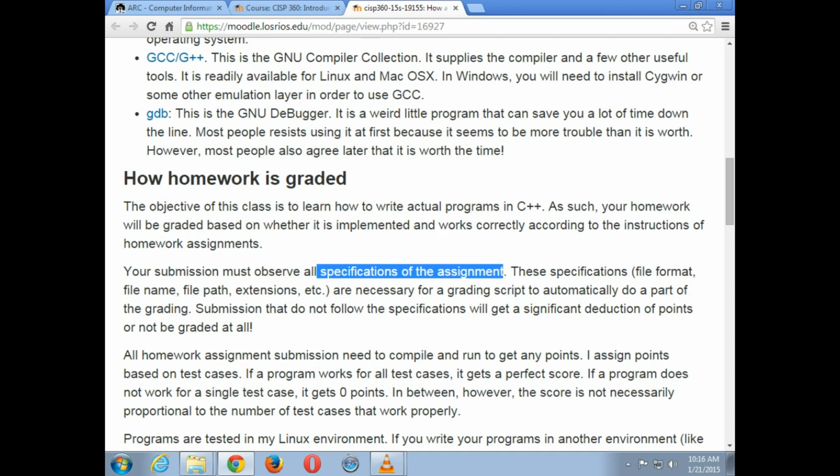So what I do is I download a single zip file of all the submissions from this class. And I have a script that can automatically go through all of these programs, compile, link, and run with test cases. So if you do not follow these specifications, the script is not going to be able to pick it up and perform whatever is needed to grade it.